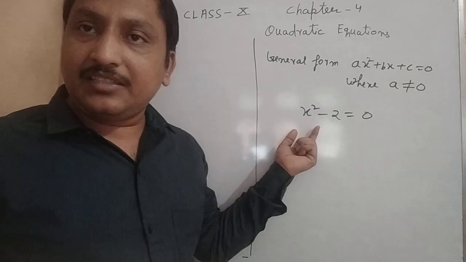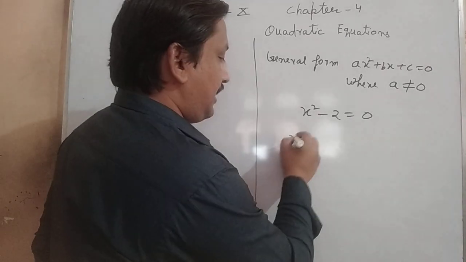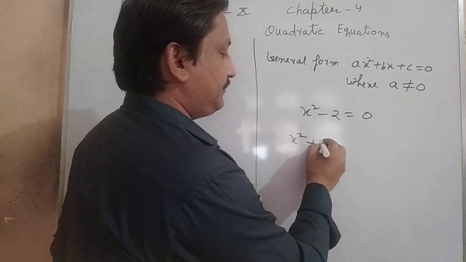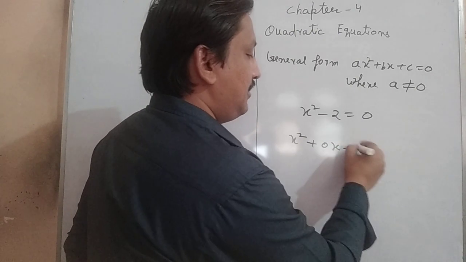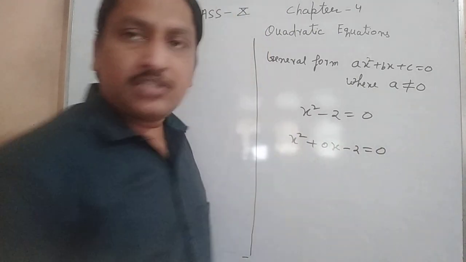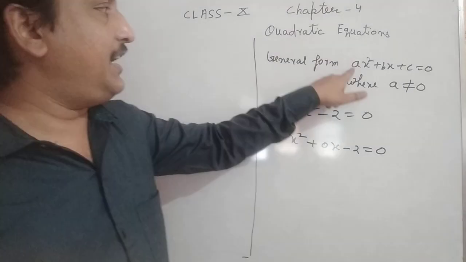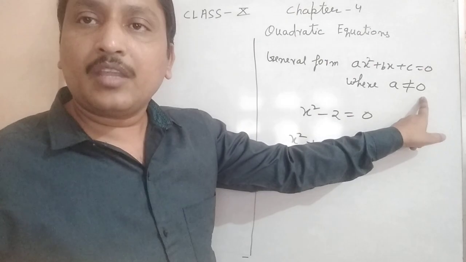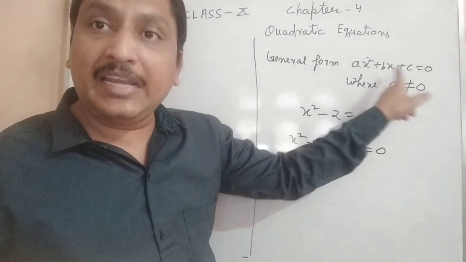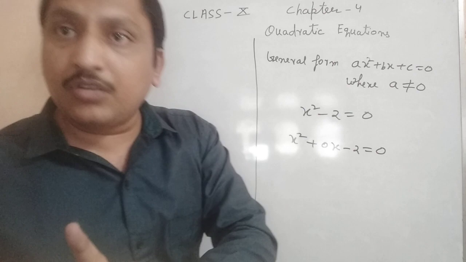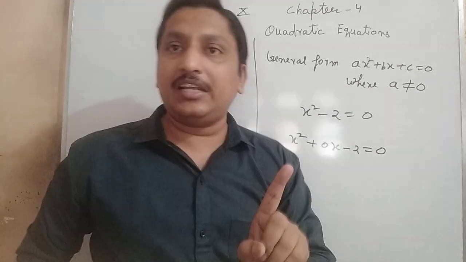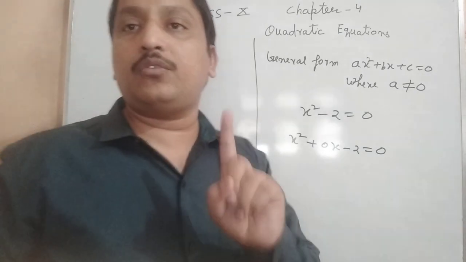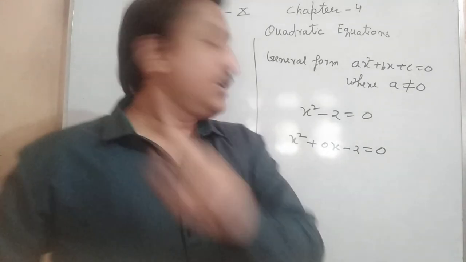So we can write this as x square plus 0x minus 2 equals to 0, because the standard form is ax square plus bx plus c equals to 0, where a cannot be 0. a cannot be 0, it means b and c can be 0. b and c can be 0, but a will not be 0. It means the coefficient of x square cannot be 0.